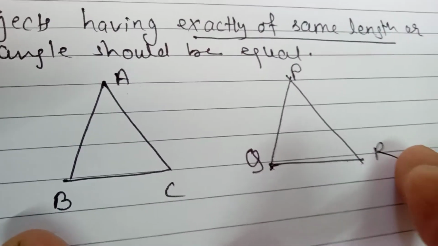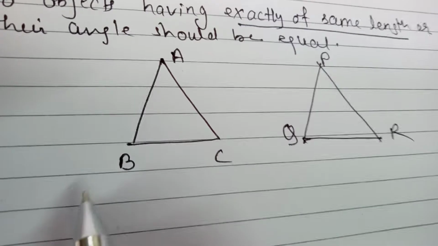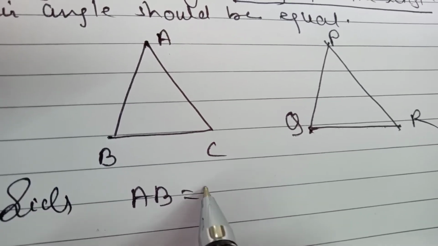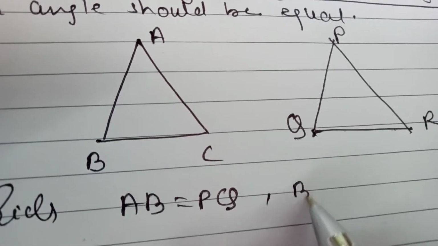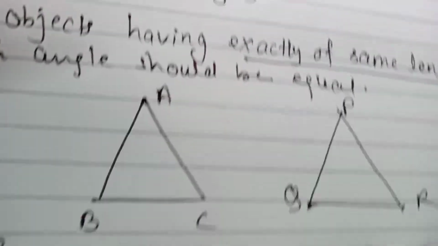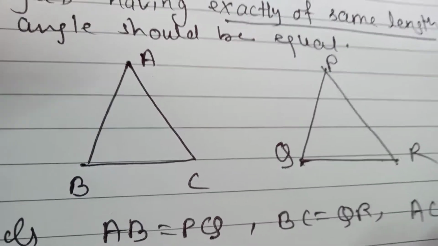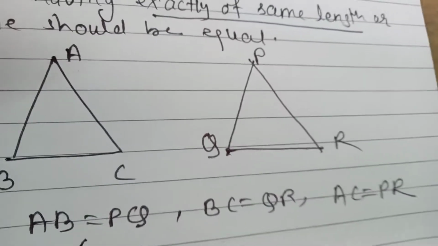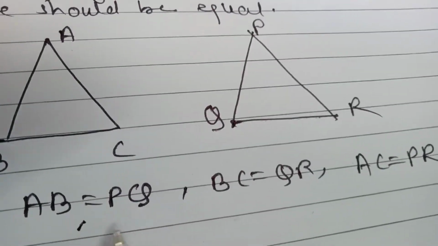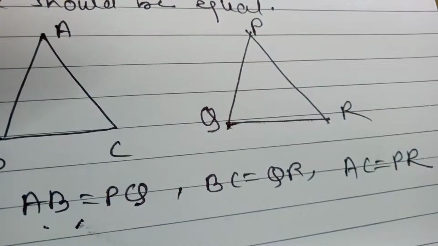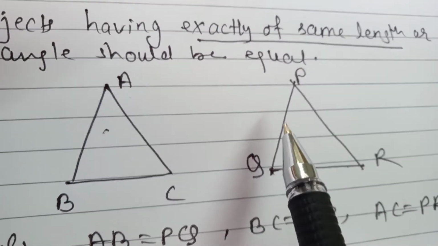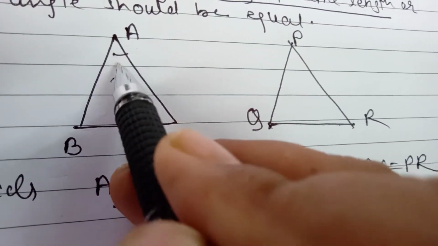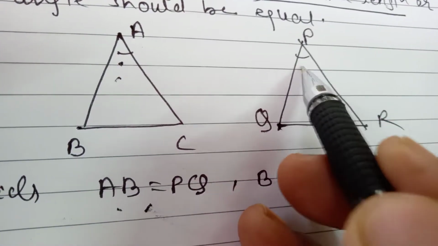Now in terms of sides, AB is equal to PQ, BC is equal to QR, and AC is equal to PR. So all the sides are congruent, equal. So the triangles are congruent.